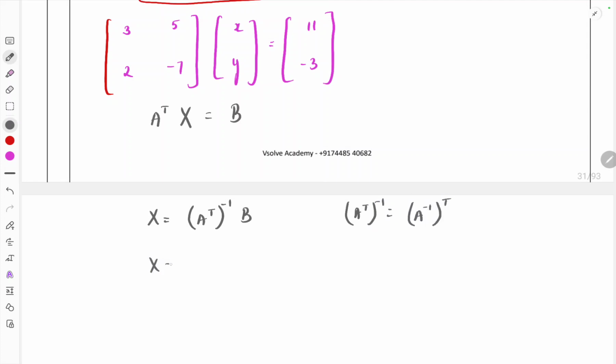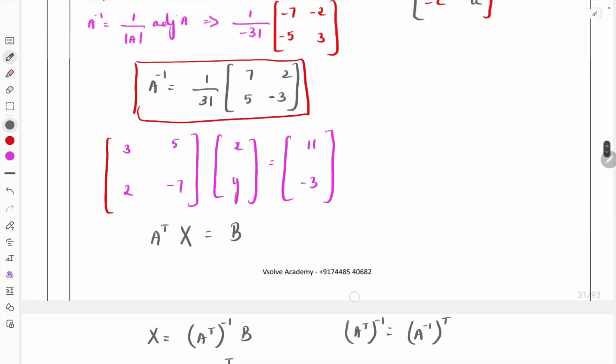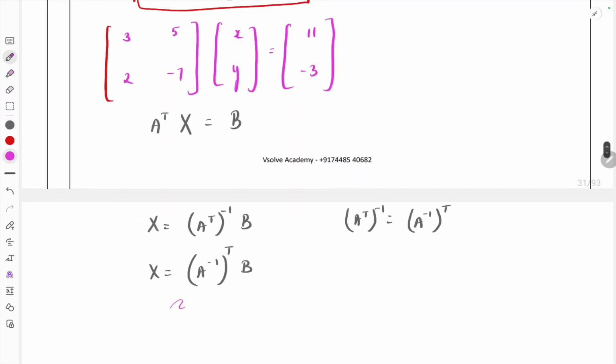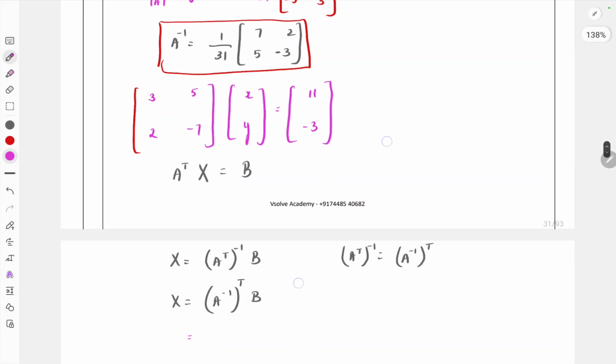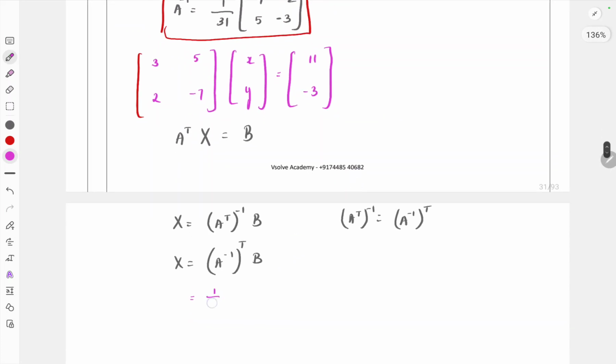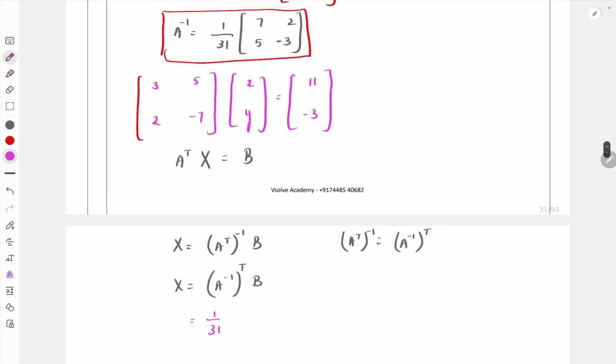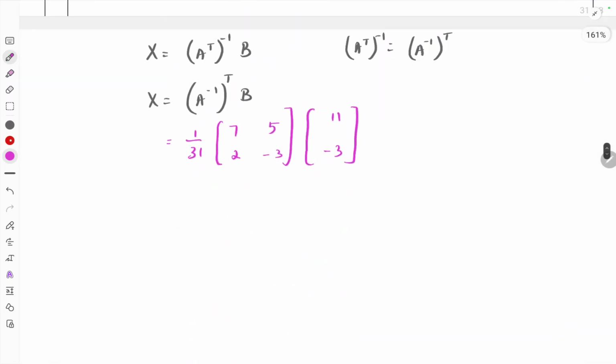So I can write this as X equal to A inverse transpose into B. A inverse we just found, so it is 1 by 31. I have to take the transpose of this, which means 7 will come here and 5 will come here, 2, minus 3, into matrix B, and matrix B is 11, minus 3. So now I have to multiply this.